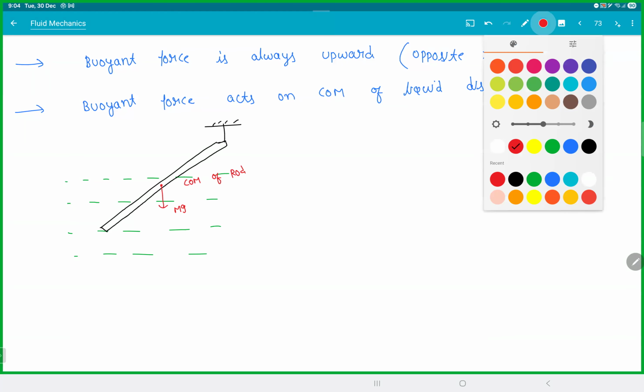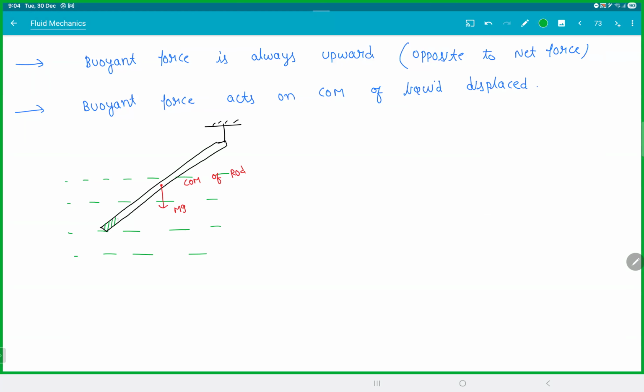Whereas for the liquid, this part is immersed inside the liquid, the green shaded thing. So this will be the buoyant force. So this will be the center of buoyancy.